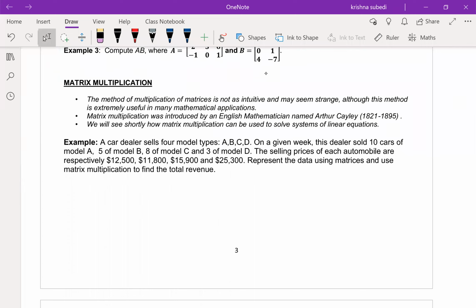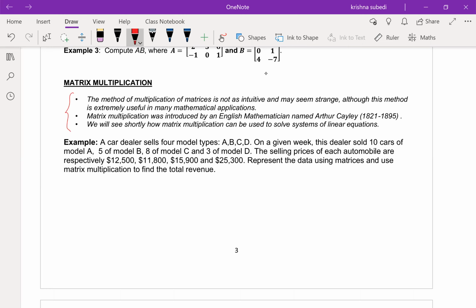It's a real world application of multiplication. I want you to read these lines. It gives you a historical note about matrix multiplication. The method of multiplication of matrices is not as intuitive and may seem strange sometimes.